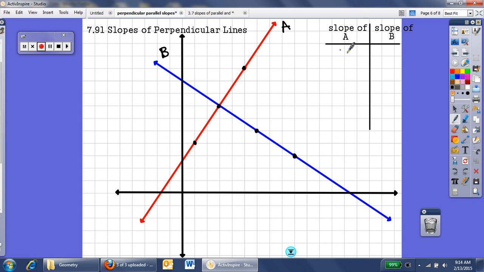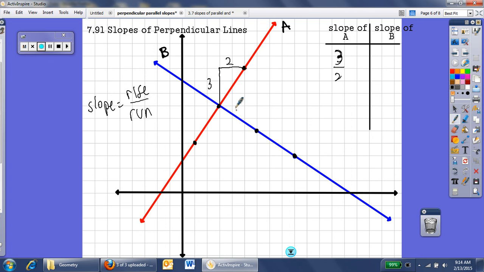So the slope of line A. We know that slope is rise over run. So doing a slope triangle, let's see how much we're rising and running between the 2 points. In this case, we're going up 1, 2, 3, and we're running 2. So the slope of A is 3 over 2.